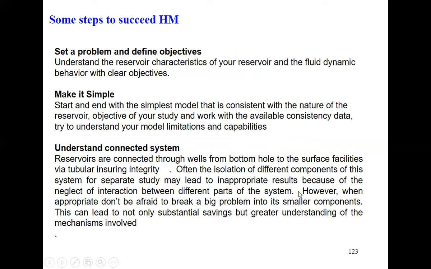So the system should be considered from reservoir to surface. However, when appropriate, don't be afraid to break a big problem into smaller components. This can lead not only to substantial savings, but to greater understanding of the mechanisms involved.